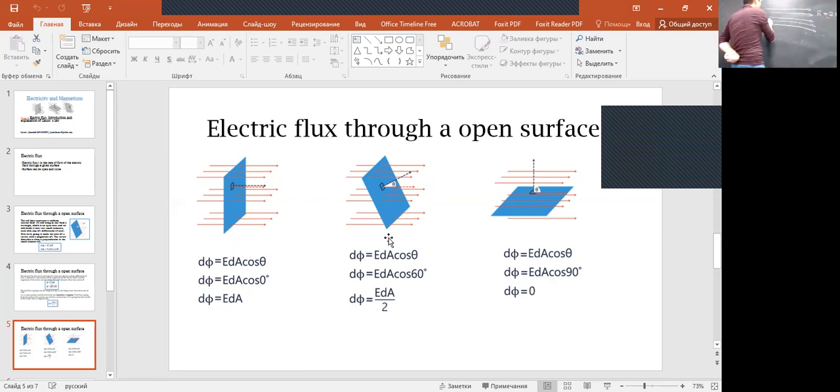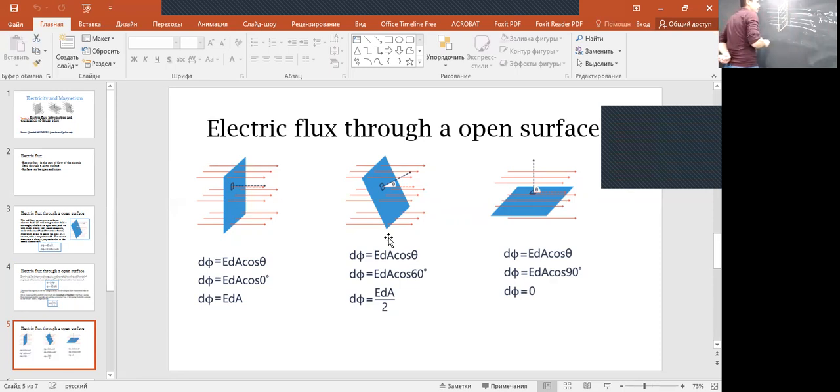And we have a rectangular surface, with area A, let's say 2 square meters. This is the area of the rectangle.